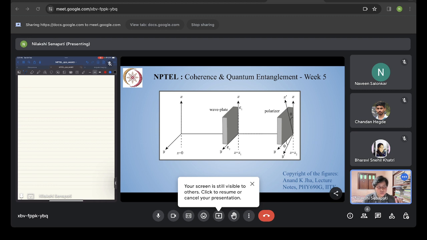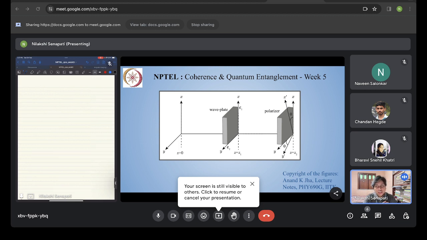That is what we quantify using the coherence theory of polarization, or the degree of coherence in polarization. So we will treat polarization just as we have treated time, space, and angular position.